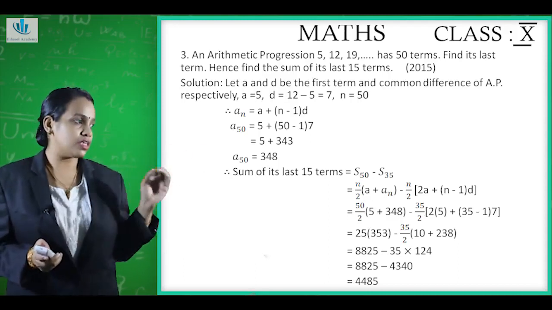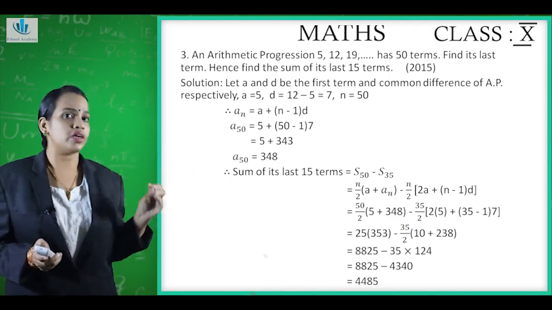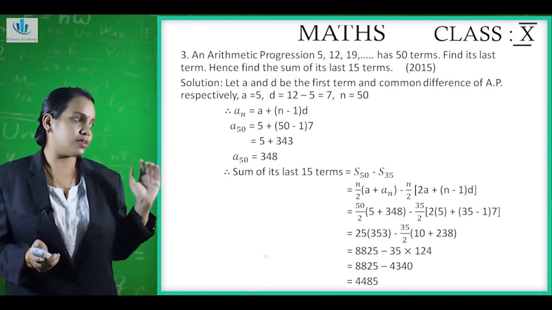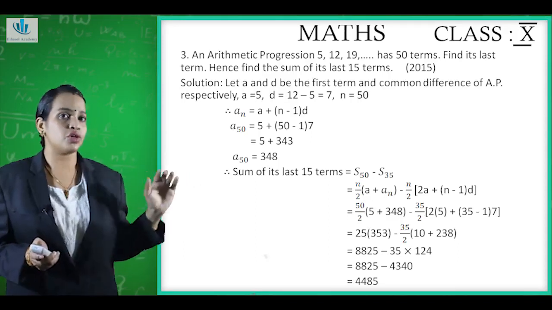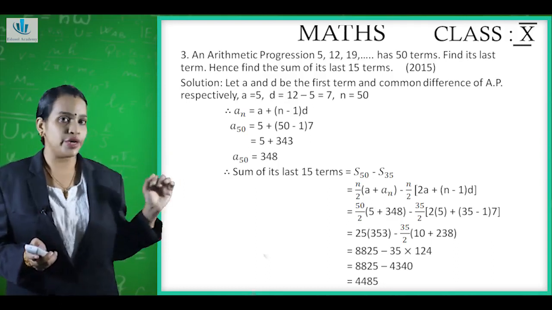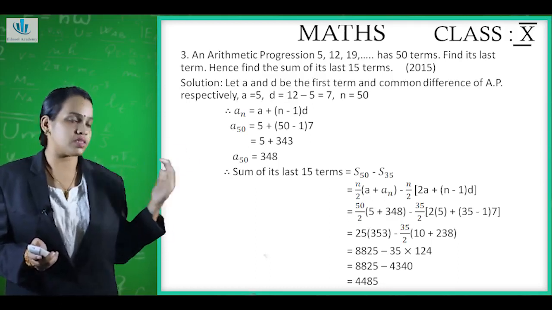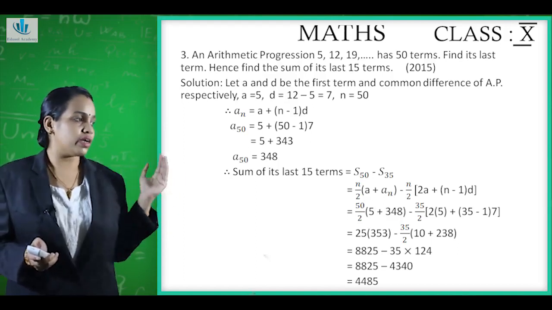So it will be S50 minus S35, that is S50, the total, minus the remaining 35, which will be S35. Now we put the formula. You know the formula for the total sum: N upon 2 into (A plus AN), and also N upon 2 into (2A plus (N minus 1) into D).